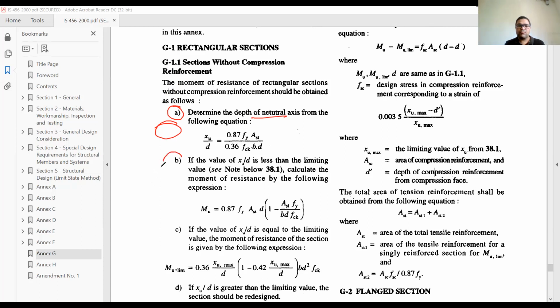And when we are required to find the moment of resistance of an under reinforced section, we use this relation to find the moment of resistance.